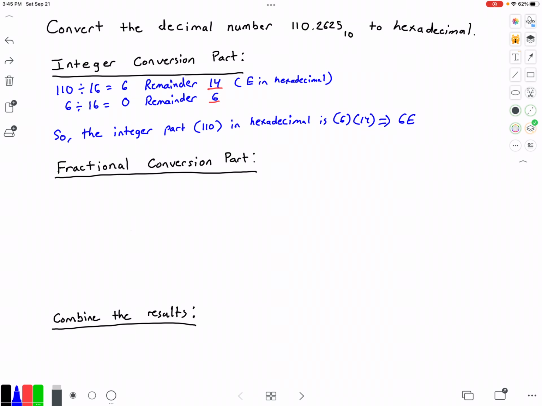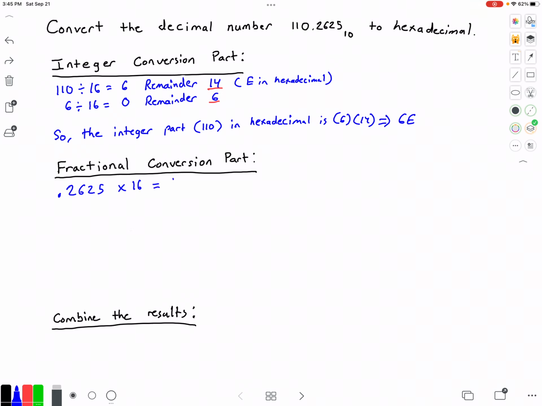Now we're going to go to the next step, which is the fractional conversion part. All right, and to do that, we're going to multiply the fraction part by 16. So what's the fraction part? The fraction part is 0.2625. I'm going to multiply that by 16.